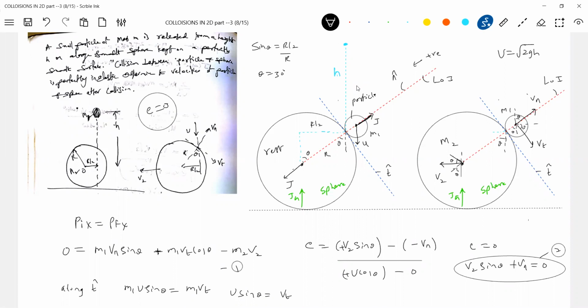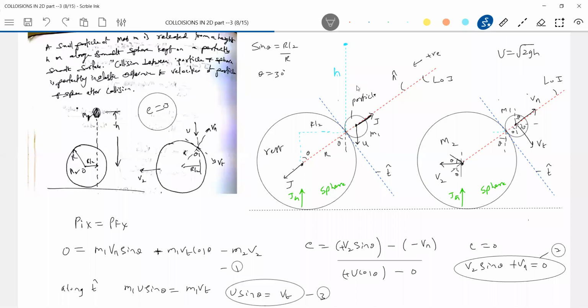So the third equation. Solving 1, 2, 3 will get the required answer. So I think a student must analyze in a very random way, no? Along x, along y, along line of impact, along the common tangent.